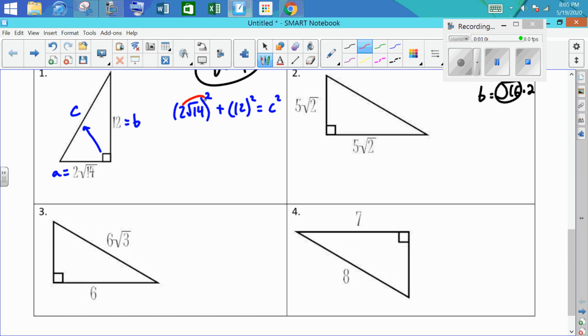Again, this exponent has to be distributed to the coefficient of 2, so 2 squared is 4. The square root of 14 squared, the square undoes the square root, leaving you just 14. And then 4 times 14 is 40 plus 16, 56. And then plus 12 squared is 144.